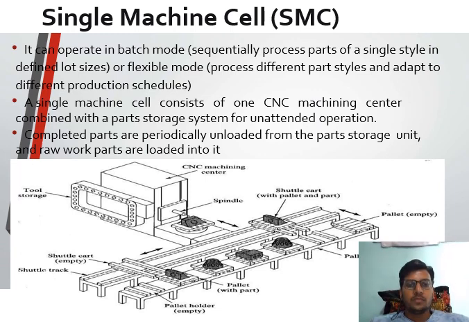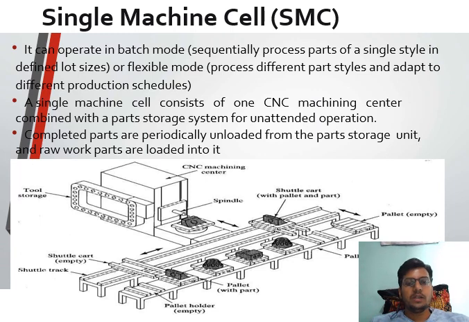Also this is the place where our part is kept for the machining operation, and the operation is processed by our CNC machining center. This is the CNC machining center, and this is the tool storage where a variety of tools are kept and used for different operations.